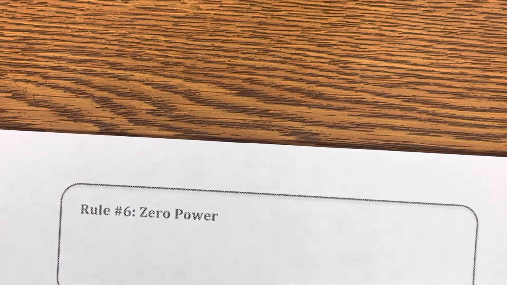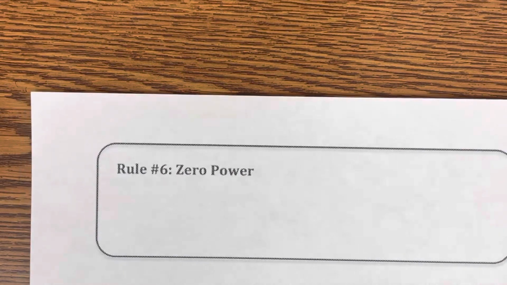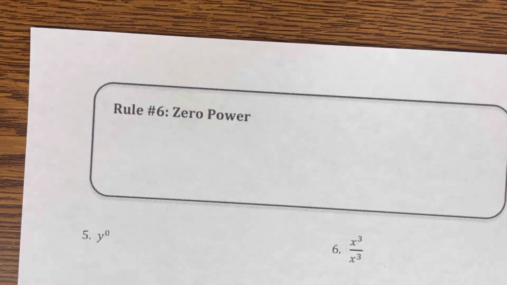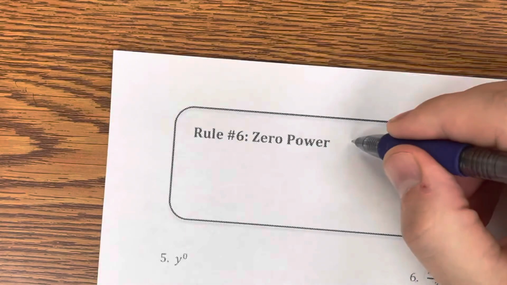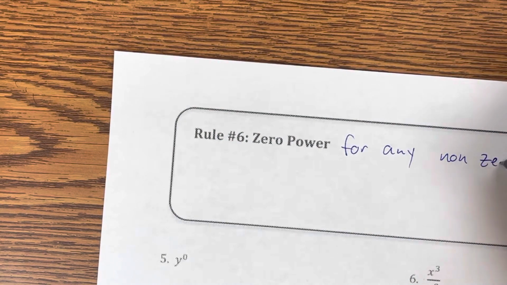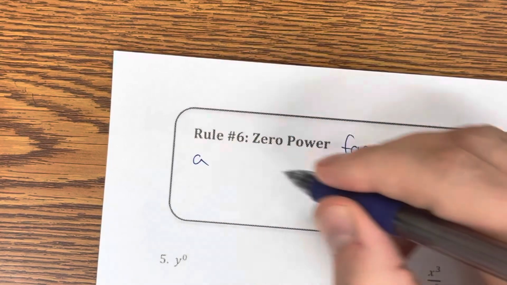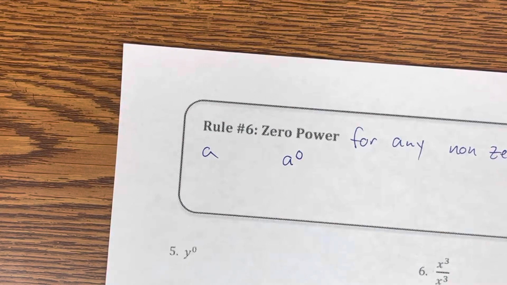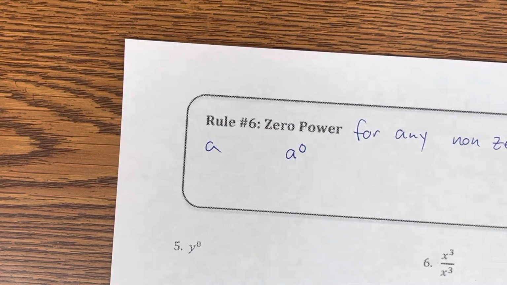On to the next, 0 power. So we talked about this very, very briefly in the last video when I said, we're just going to leave that one sit because we haven't talked about it. So the 0 exponent rule just tells us for any non-zero number a, a to the 0 is always going to be equal to 1.